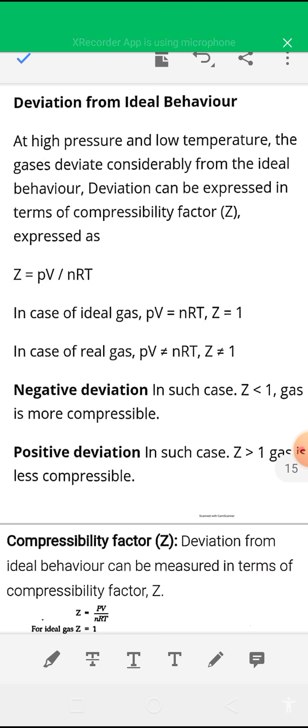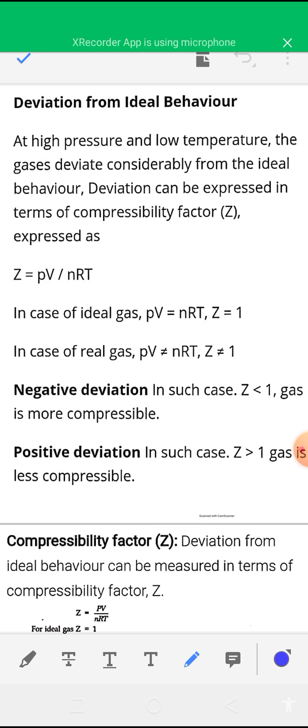Now see, deviation from ideal behavior. In nature, maximum gases, or all gases, show non-ideal behavior. Maximum gases are non-ideal. At very high pressure and low temperature, the gases deviate considerably from the ideal behavior.